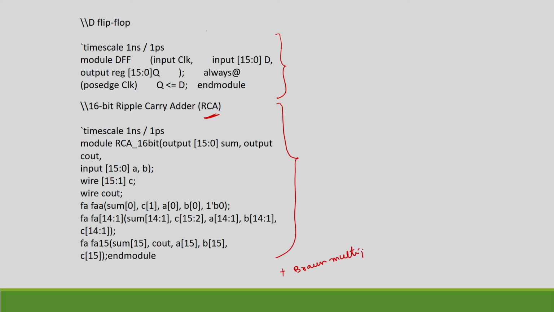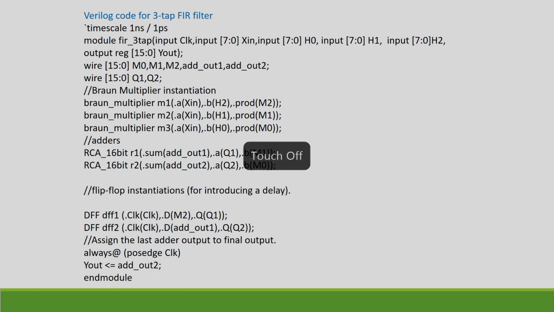we finally implement the 3 tap FIR filter. This is the Verilog code for the 3 tap FIR filter. We know that in a 3 tap FIR filter we require 3 multiplications, 2 adders, and this was the diagram that we have discussed earlier.